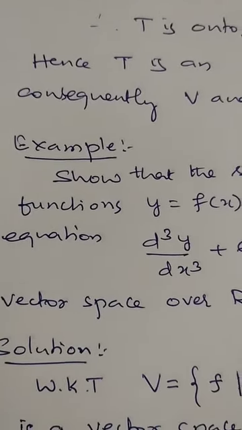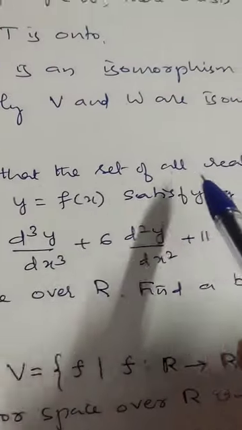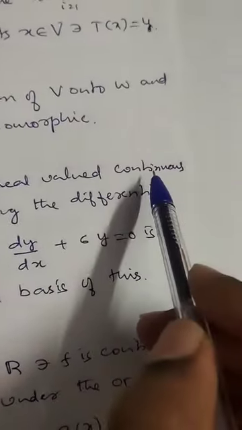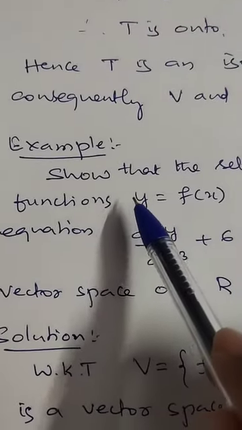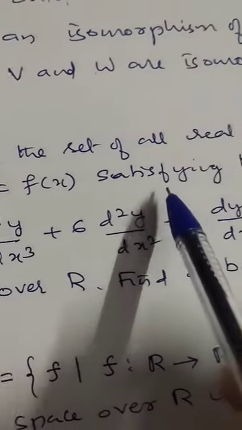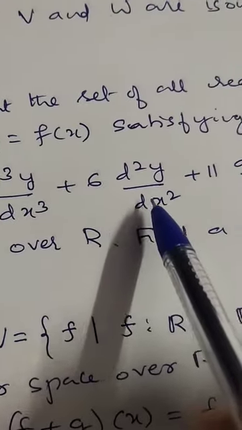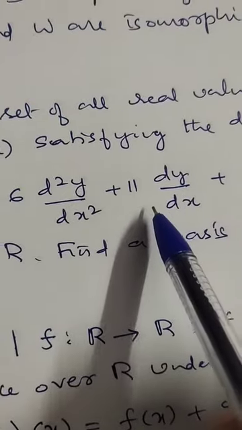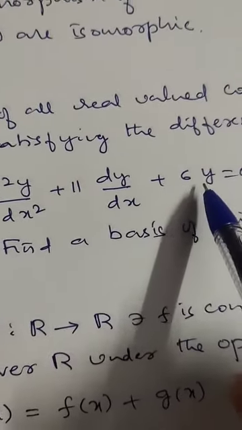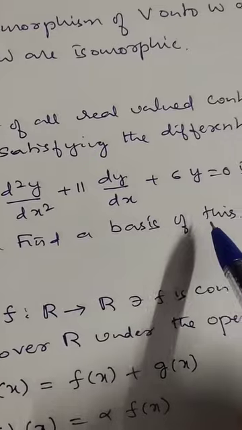Next we consider one example. Show that the set of all real valued continuous functions y equal to f of x, satisfying the differential equation d cube y by dx cube plus 6 times d square y by dx square plus 11 into dy by dx plus 6y equal to 0, is a vector space over R. Find a basis of this.